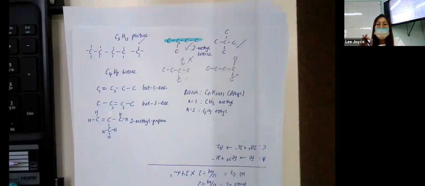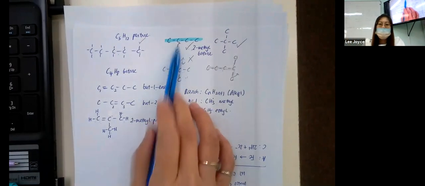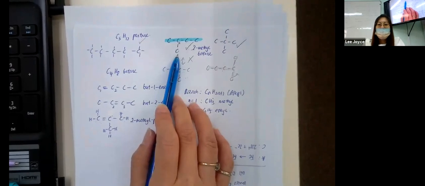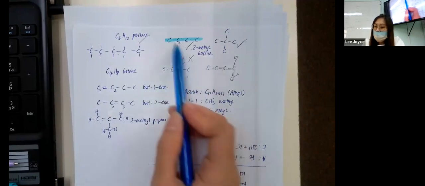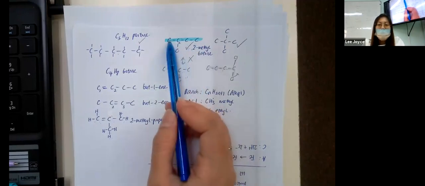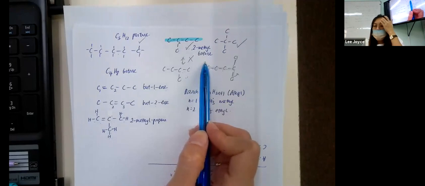So when you name an organic compound, you must name the branch, the longest chain, and also put in the numbering, the position of the branch. First, you look out for the longest chain. The longest carbon chain is 4, so it must be but-. Then you look out for the functional group.